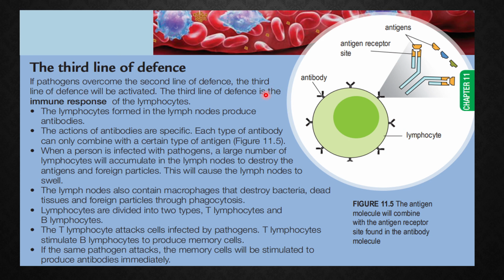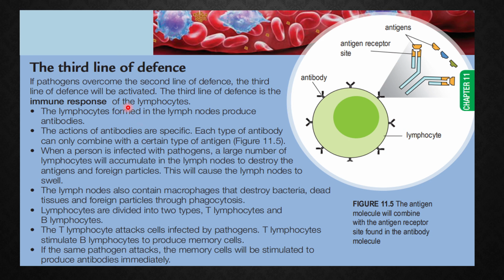Alright, so the third line of defense will be activated if the first and the second lines of defense have, we say, failed to overcome the pathogens. To fight the pathogens, this is when the third line of defense will be activated.